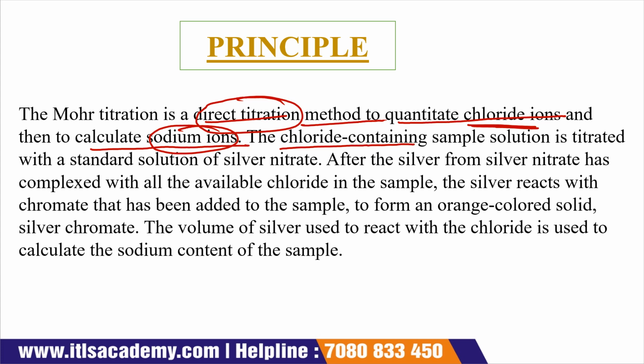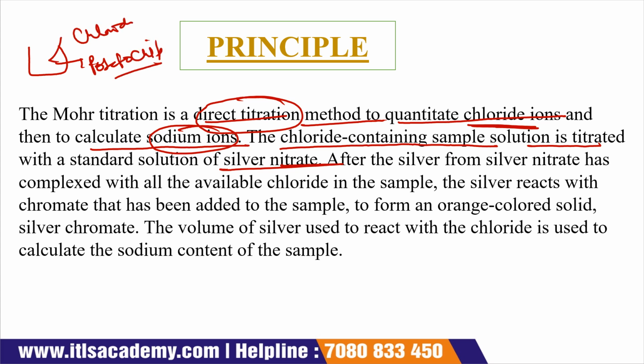The chloride ion containing sample solution is treated with a standard solution of silver nitrate. What we have to do is take a sample, suppose that this is our potato chips. This potato chips contains chloride, and we titrate this solution with a standard solution of silver nitrate.